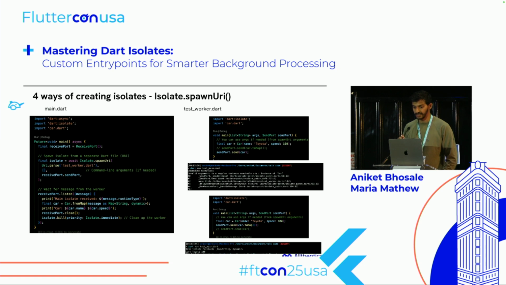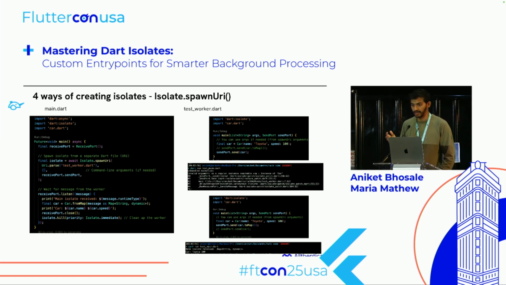Something to note here is because these are two separate code bases, there are different source codes. You can't really send an object of a type that's defined even in both those code bases across these isolates. You see this class Car that I have defined. I try to send that over the send port, and it's going to error out saying that this is an undefined or not a reachable instance.